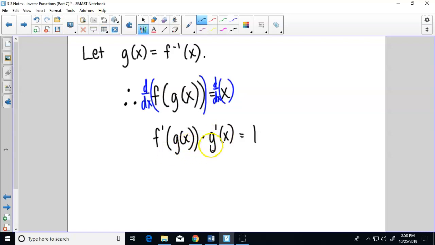And so what I'm looking for here is a rule for the derivative of the inverse. g is the inverse, right? So g prime of x is the derivative of the inverse. If I want to solve this for the derivative of the inverse, I just have to divide by f prime of g of x.